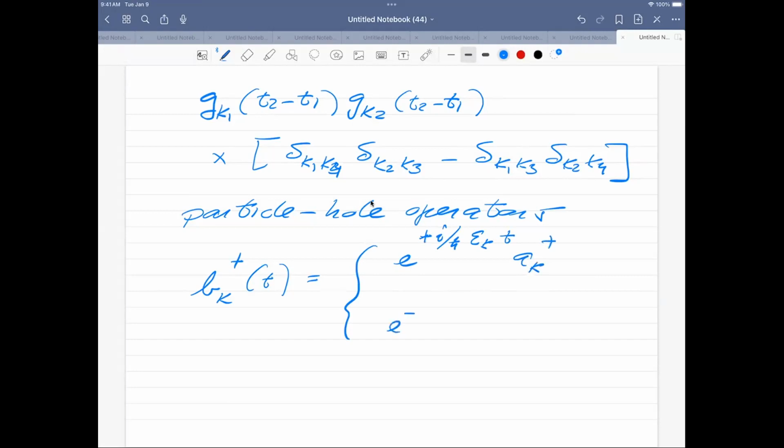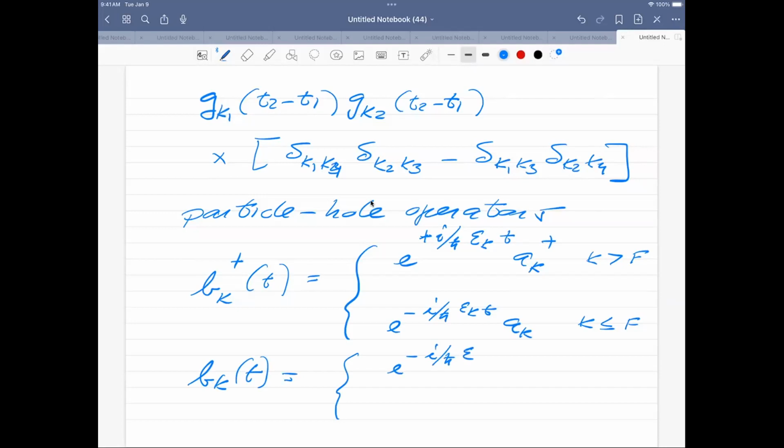And then I have an e to the minus i divided by h bar epsilon of K times t of A K. This is if K is less than the Fermi level, and the other is if K is larger than F. And similarly, I can now define the time-dependent operator here for annihilation in terms of particles and holes. And then I have an e to the minus i divided by h bar. And often we skip h bar. If you do quantum field theory, you would put h bar equal to 1.